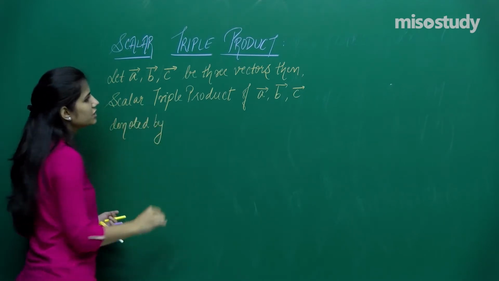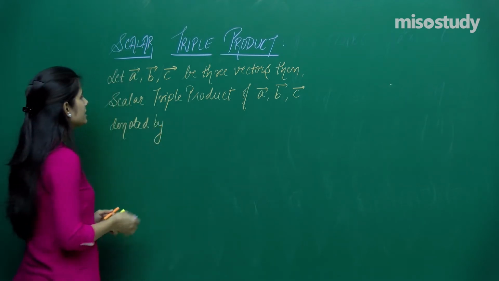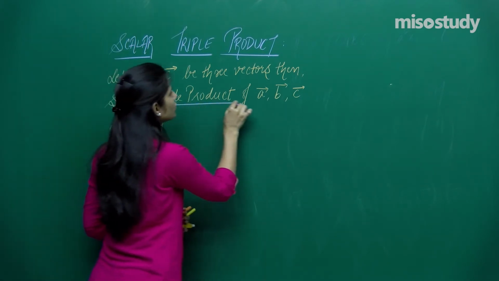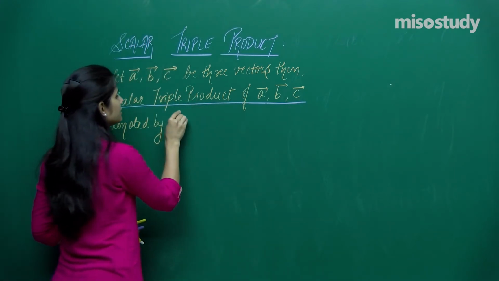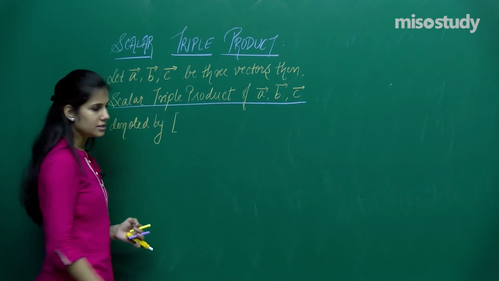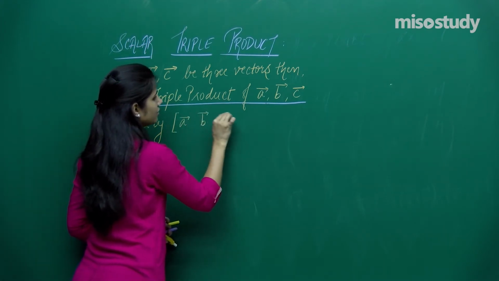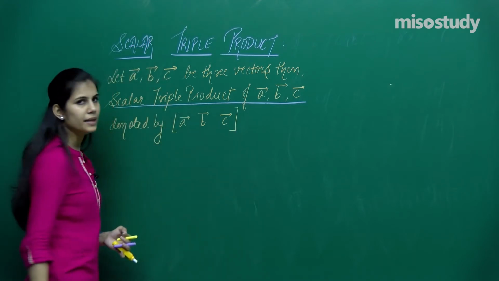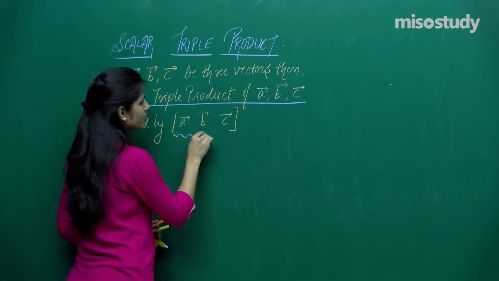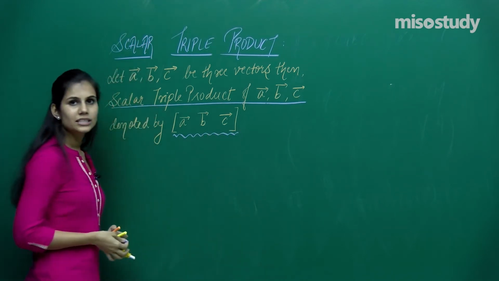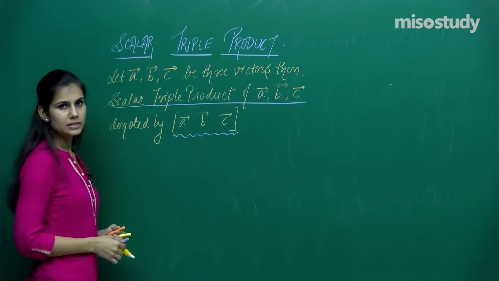So first of all you need 3 vectors to talk about scalar triple product. The moment you find this written anywhere, it is actually denoting the scalar triple product of these 3 vectors.